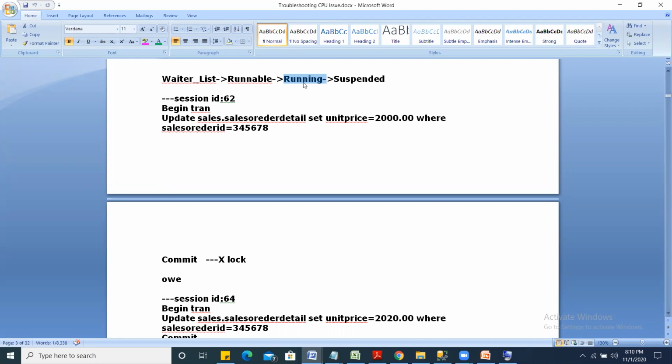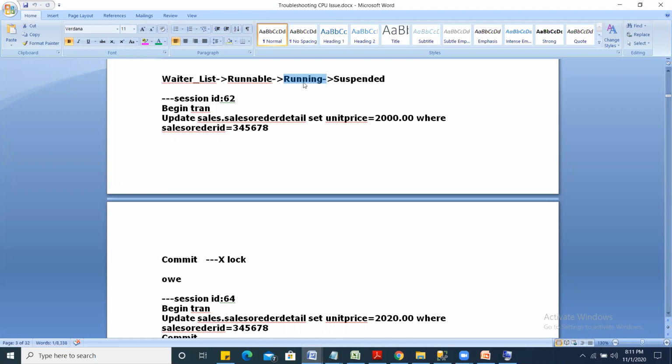Rather, it will keep idle. So this is a wastage of CPU capability, of CPU time, right? That algorithm is known as the preemptive scheduling algorithm.